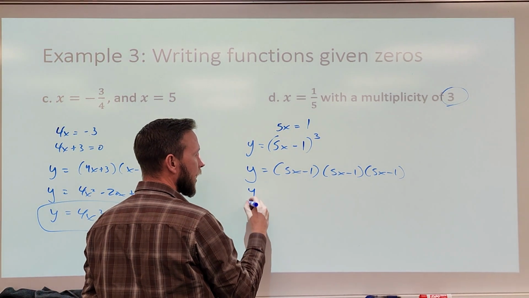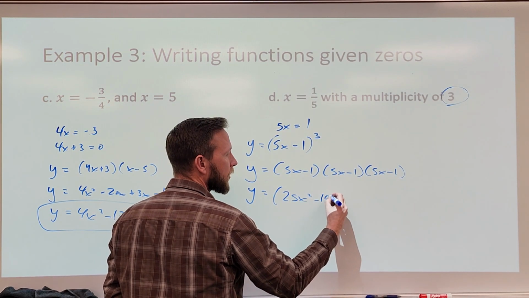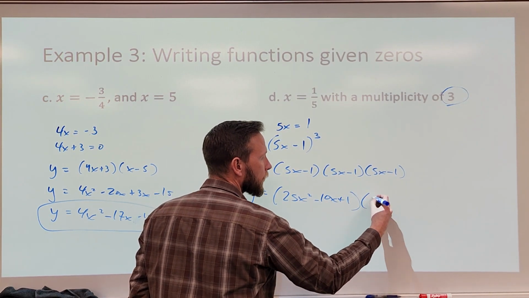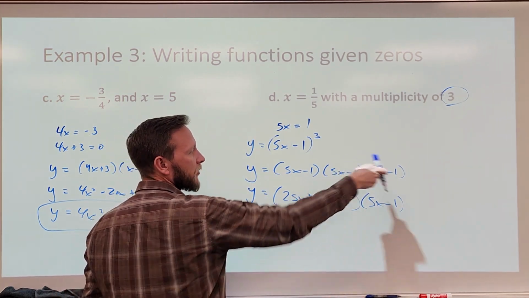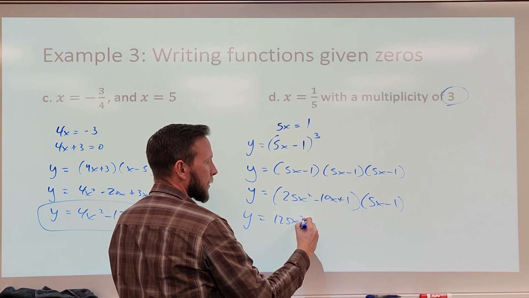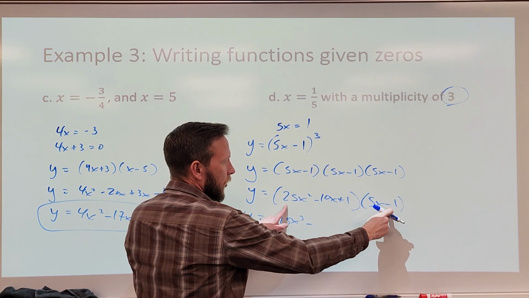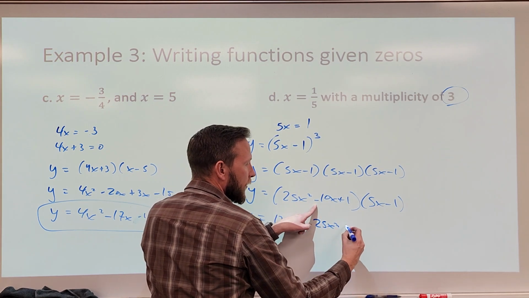When I multiply this first pair together, I get 25x squared minus 10x plus 1. And then I need to multiply all of those by 5x and by 1. So I'm going to multiply it by 5x. Here I'm going to multiply by 1. Here I'm going to multiply by 5x.